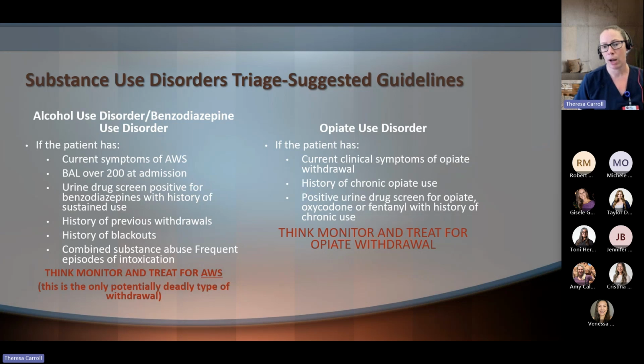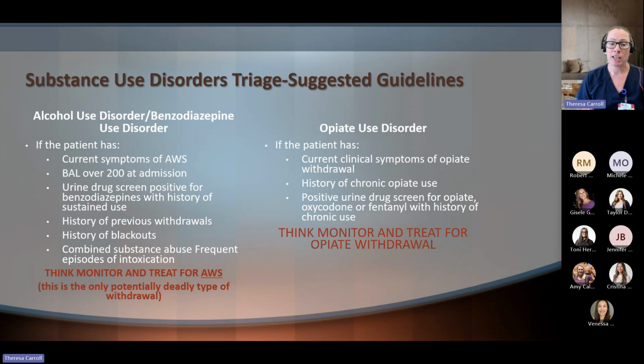We also want to make sure we're asking those questions about opiate withdrawal. So if they have current clinical symptoms of opiate withdrawal, if they have a history of chronic opiate use, if they have positive urine drug screens for opiates, oxycodone or fentanyl, then we want to be thinking about monitoring and treating. So we want to make sure we get those COWS ordered for the assessment portion, and that we're having those discussions with physicians.